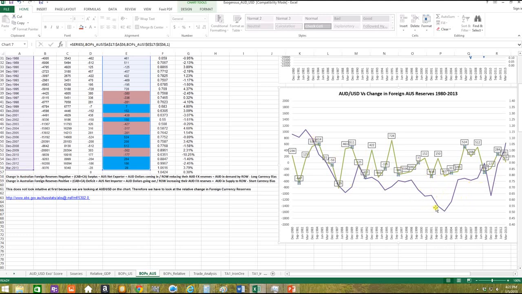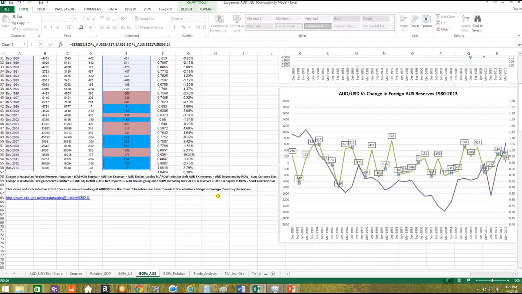So you can see here, for example, that in the early noughties, it can actually look like the opposite, and here in the mid-90s. But you can see that sometimes it's following each other. So like in the mid-80s and also the late noughties and early teenies. So it doesn't look intuitive at first.